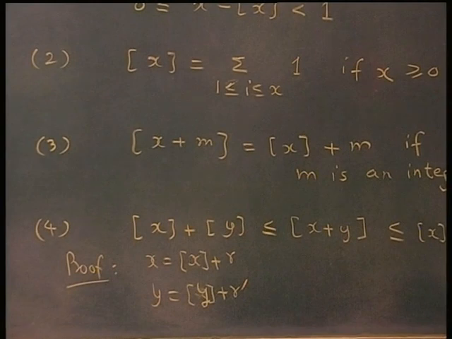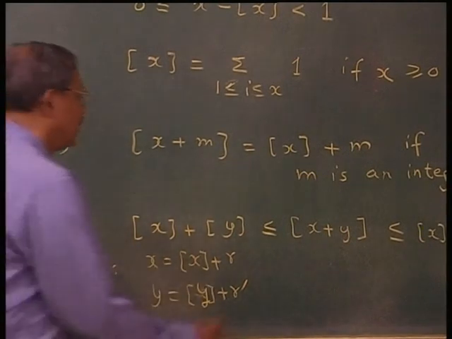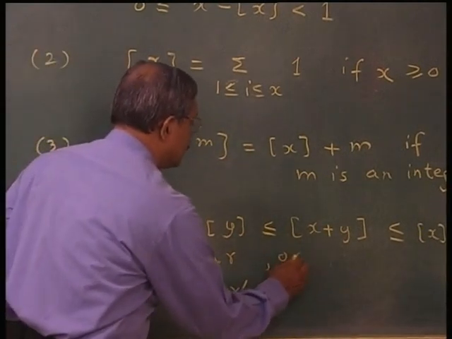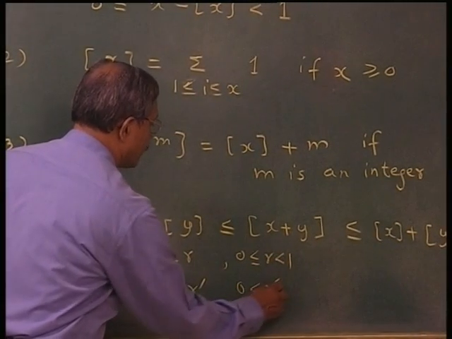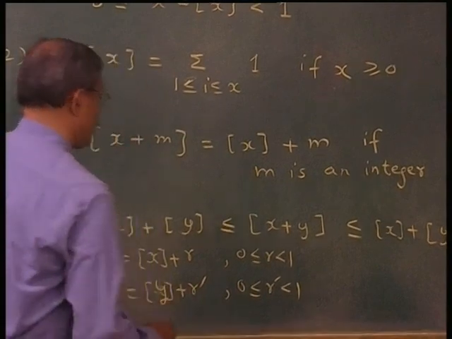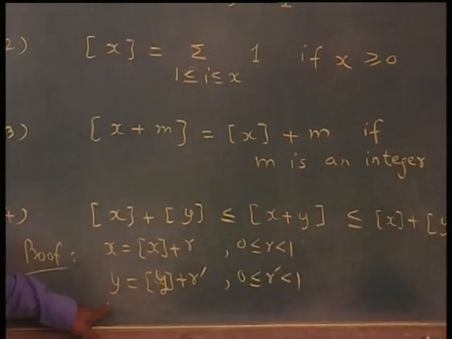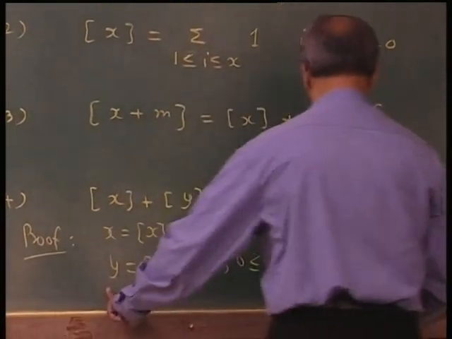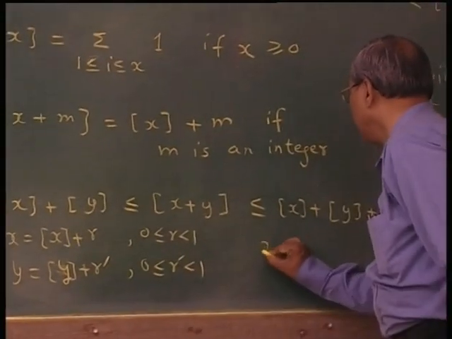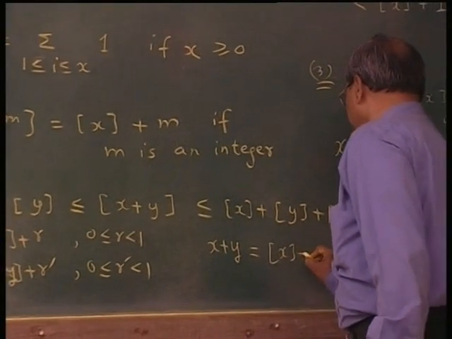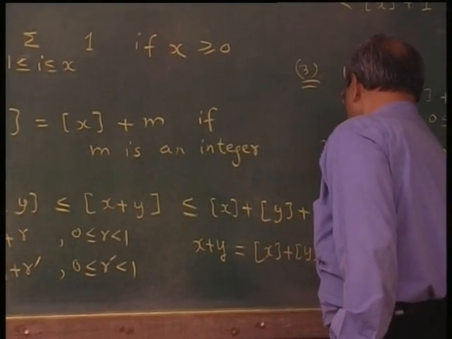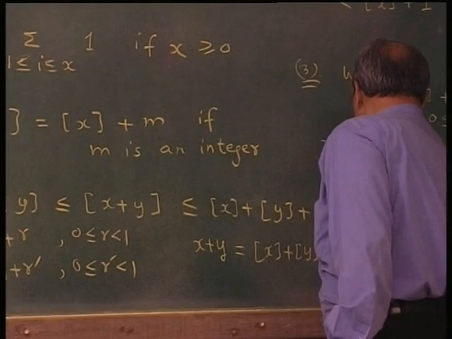Now r and r dash, what are they? They are real numbers between 0 and 1. So if you add these, we get x plus y is equal to integral part of x plus integral part of y plus r plus r dash.